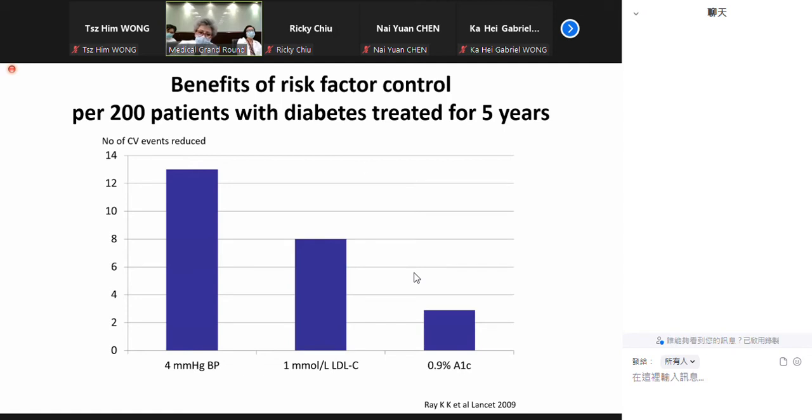And this is really the UKPDS, which is demonstrating the impact of reducing blood pressure and also reducing glucose in terms of reducing cardiovascular events.